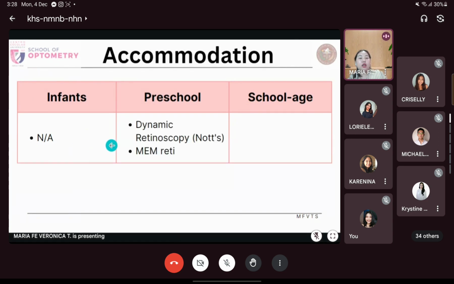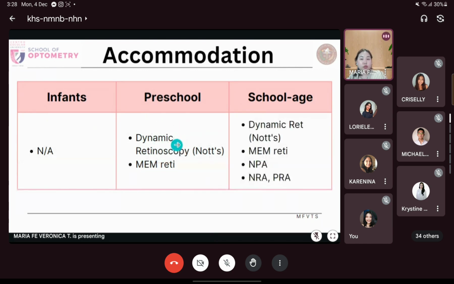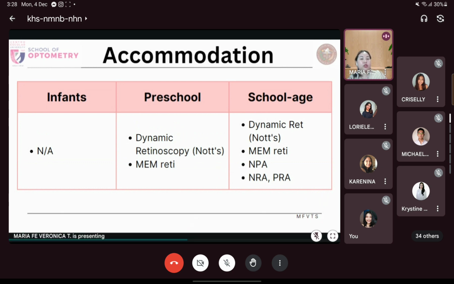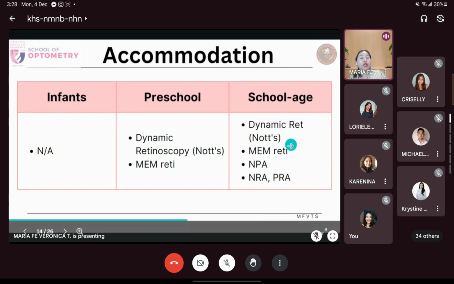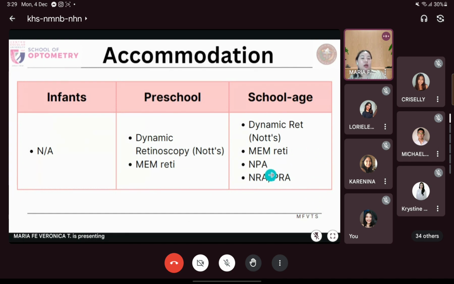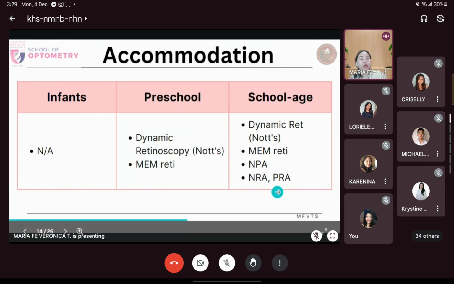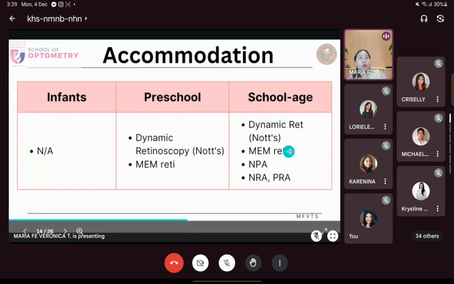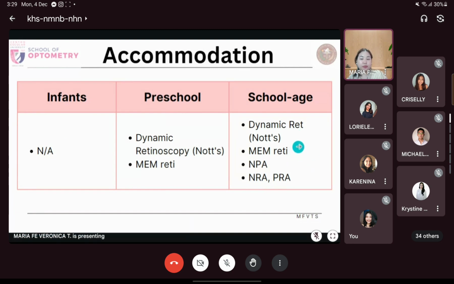Pero for preschool, magre-rely ka din ulit sa objective tests such as dynamic retinoscopy and MEM retinoscopy, which will be discussed during the clinical pedia as well. For school age, dito, syempre, mas marami ka ng options. So, you can do the retinoscopy tests, or you can do an NPA tests, NRA, PRA, and AOA, yung VT numbers 19, 20, and 21 natin, kung yung patient is kaya ng umupo behind a phoropter.